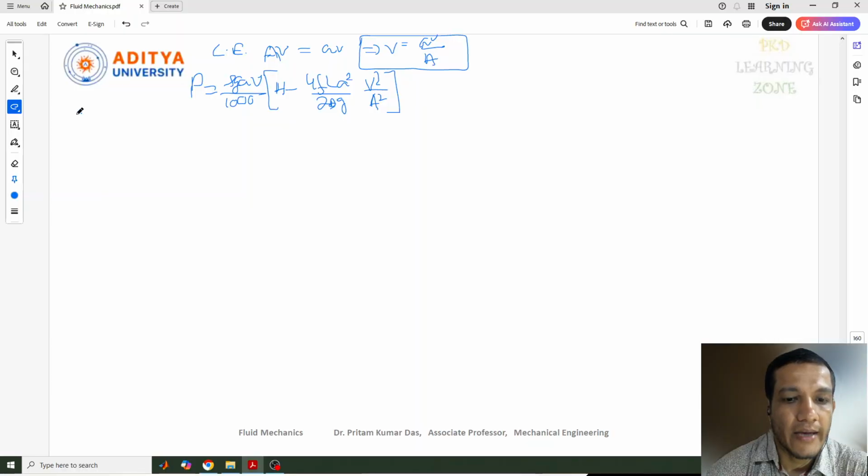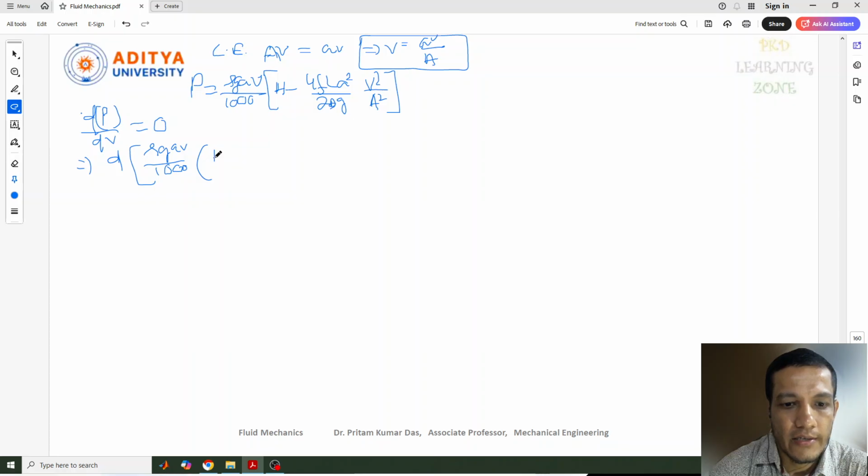The power will be maximum when the derivative of P with respect to velocity equals 0. So we write the derivative of the whole term: rho g a by 1000, and in brackets H minus 4fL a²V² by A² 2dg, bracket close, with respect to dV, equal to 0.